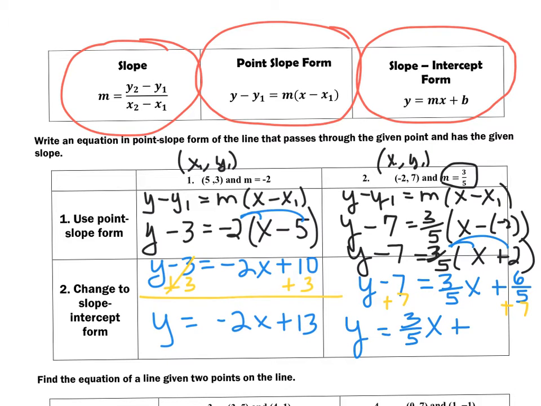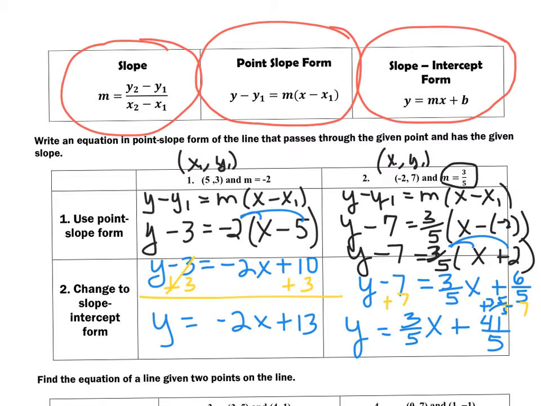I'm going to change my 7 into 35 over 5, because that's what 7 is equal to. Then I can add the fractions together because they have a common denominator. 6 plus 35 is 41 over 5, and we're just going to leave that as an improper fraction.